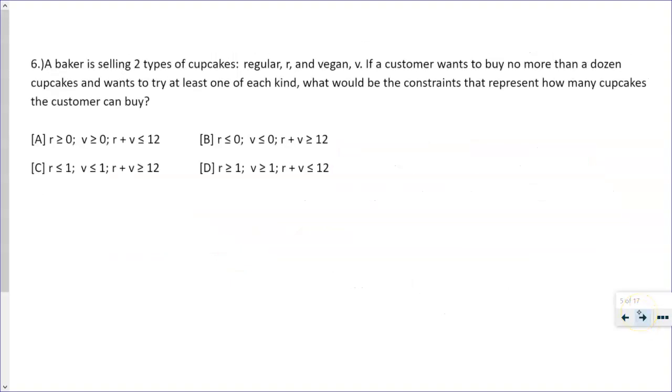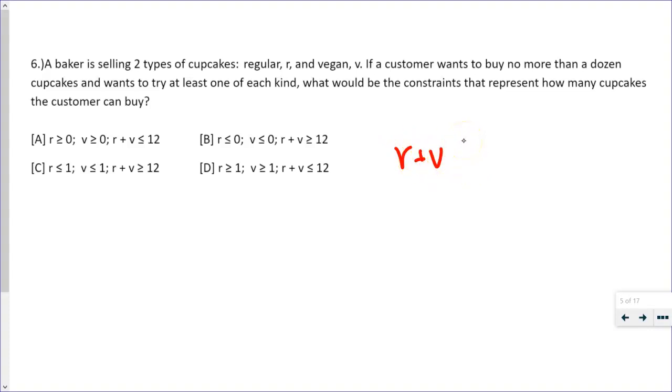All right, a baker is selling 2 types of cupcakes, regular for R and vegan for V. If a customer wants to buy no more than a dozen cupcakes and wants to try at least one of each kind, what would be the constraints that represent how many cupcakes the customer can buy? So first of all, we are going to have regular plus vegan.